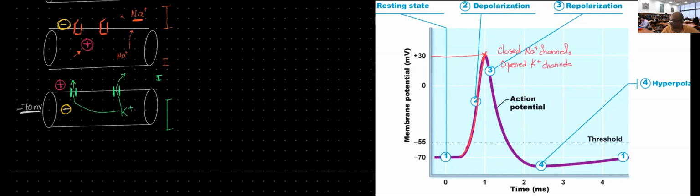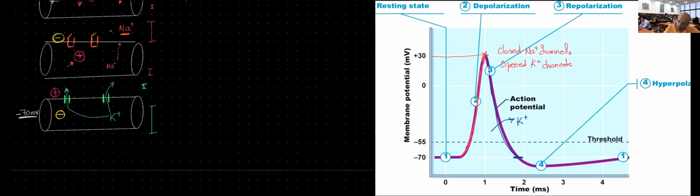And when I open potassium channels, the potassium here is going to be leaving the cell. Potassium is going to leave the cell, and the cell will return back to its negative state. So now I've reached negative 70 millivolts. This phase is what we call the repolarization.